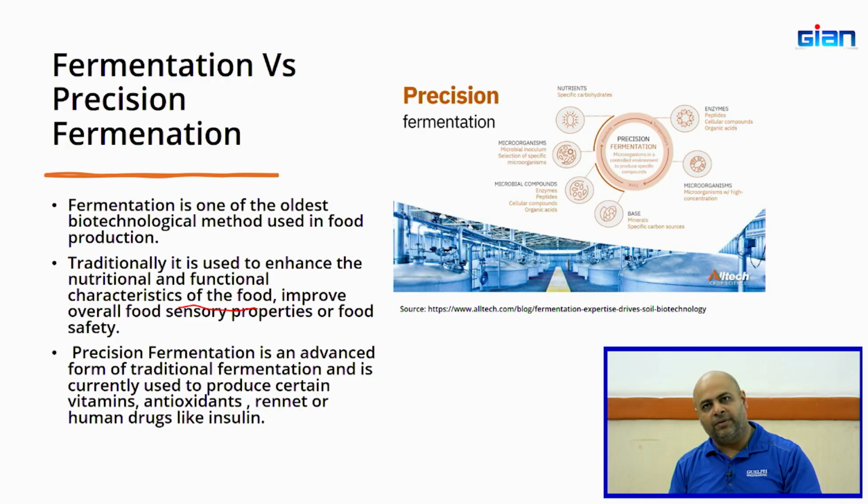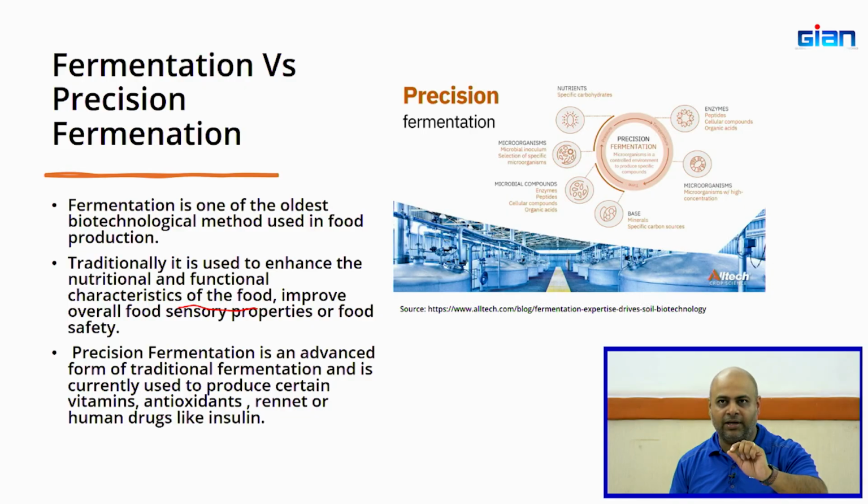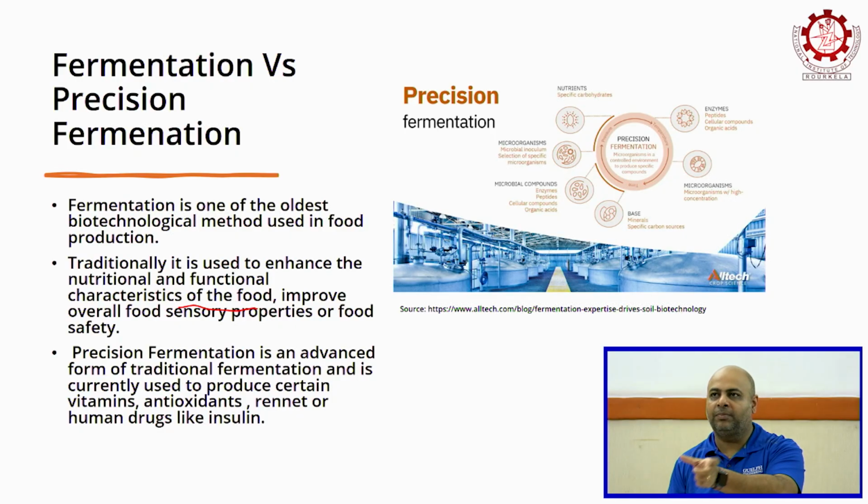Now precision fermentation is just an advanced version of the regular traditional fermentation process. If you remember, we did talk about precision fermentation. I told you that recombinant DNA technology was used to make it. That is what precision fermentation used to be, and then we started naming it precision fermentation.